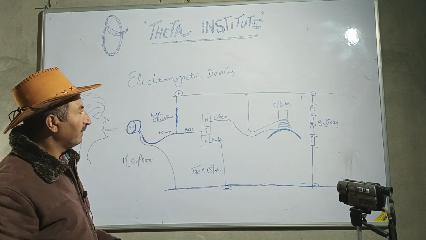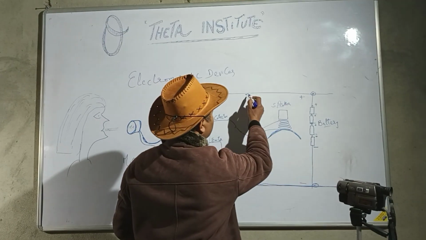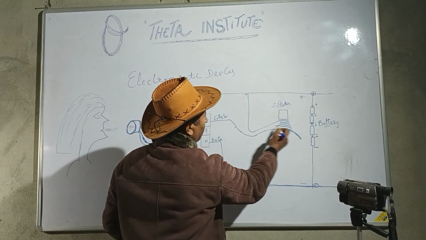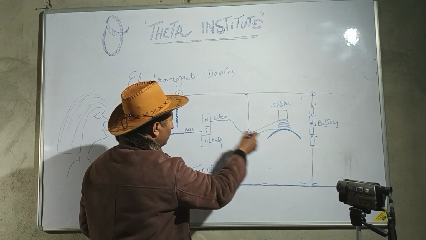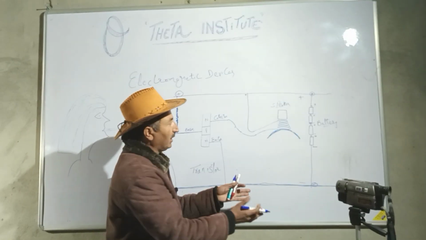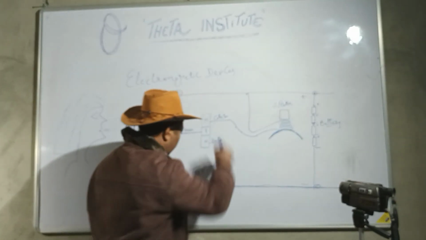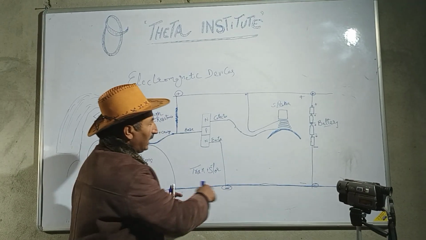And what happens is that the four cells are connected on one side of speaker, the other side is N. The whole voltage of four cells goes through this wire and jumps directly to emitter.